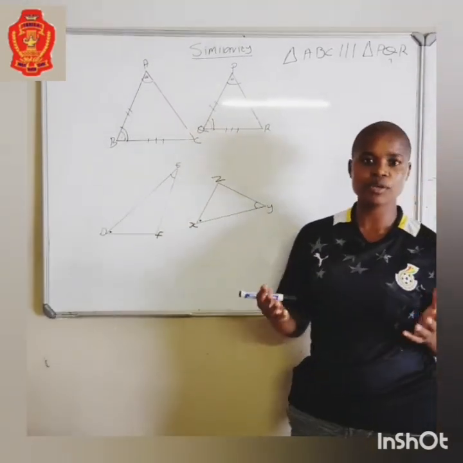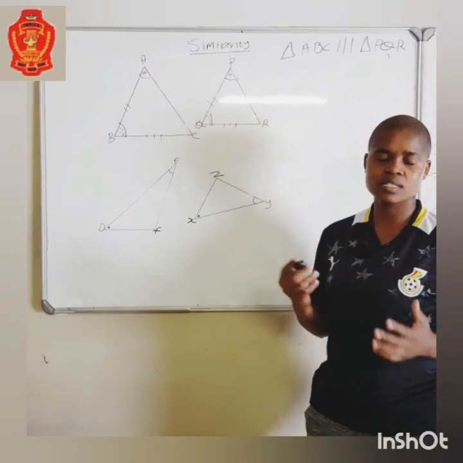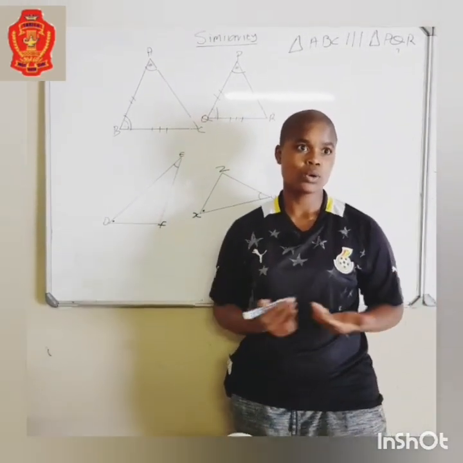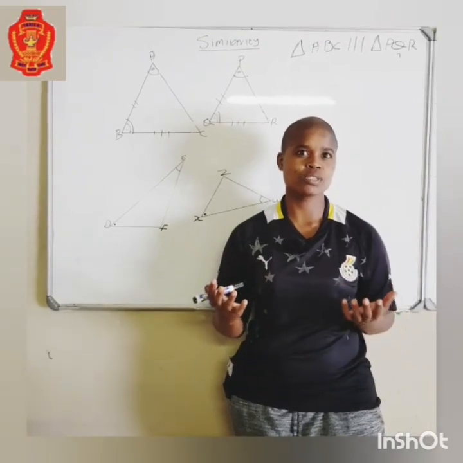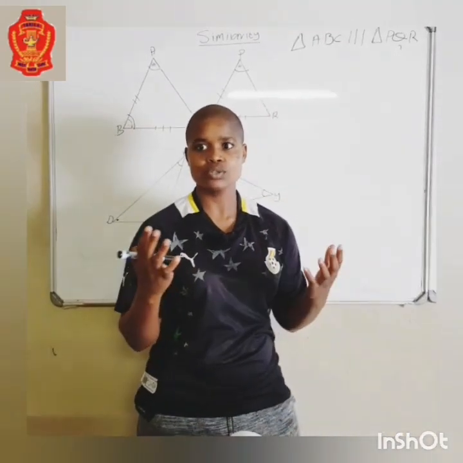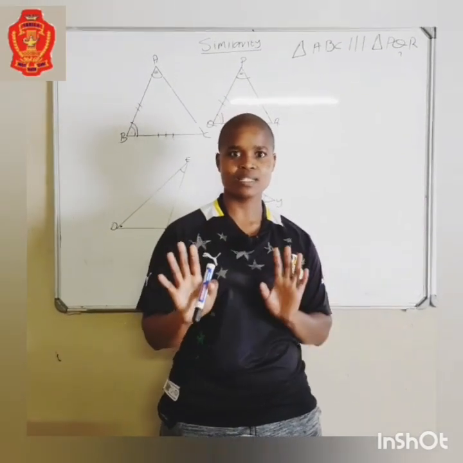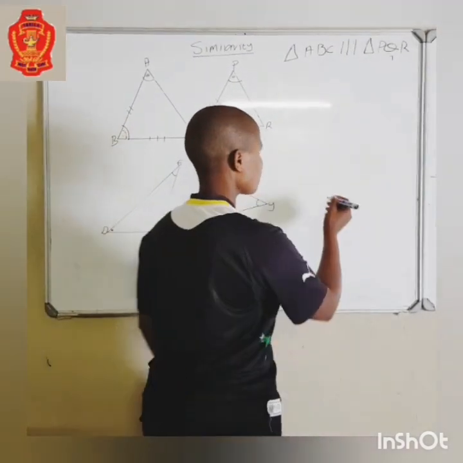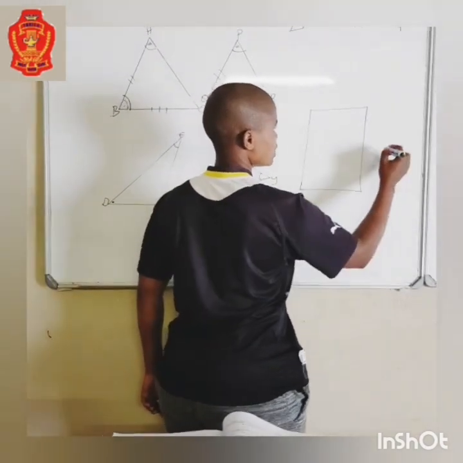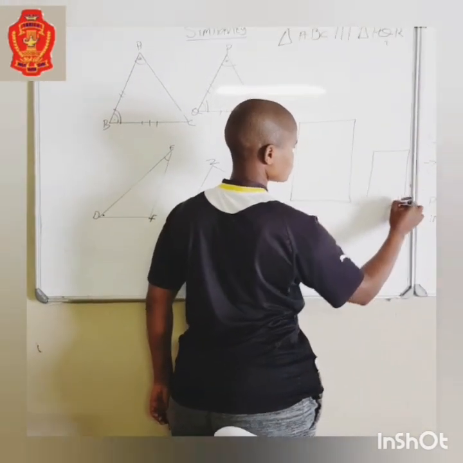Okay, my simple way of describing similarity, I'll just give you a simple example of two cornflakes boxes. When you have two cornflake boxes with different sizes, of course, you can see that these two boxes are the same, but they differ in size. For example, I'm just going to draw a simple box of cornflakes and another one here.